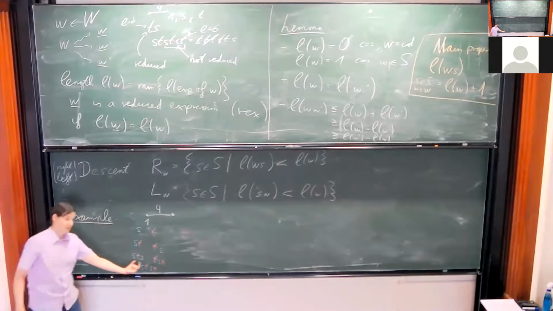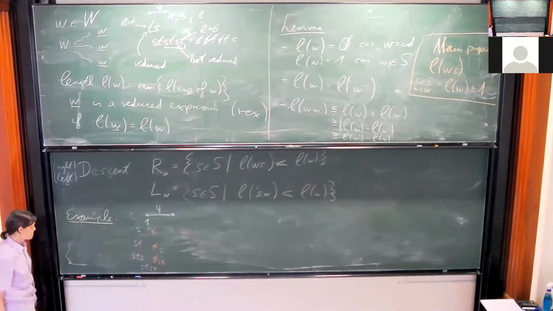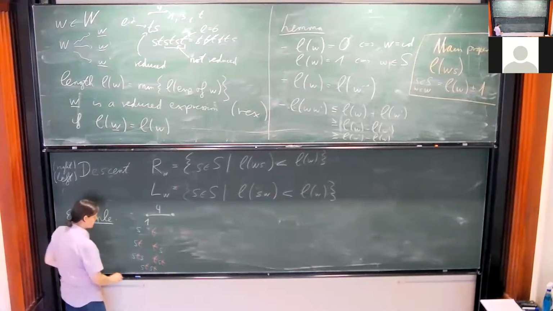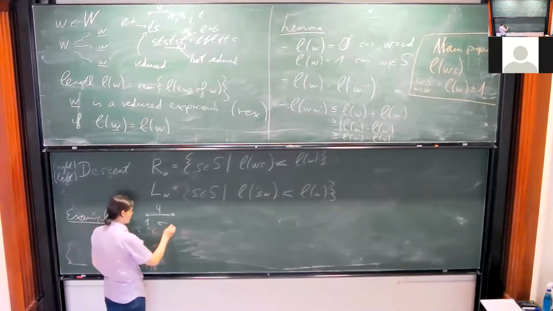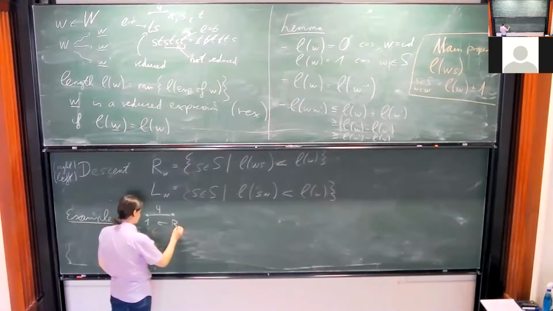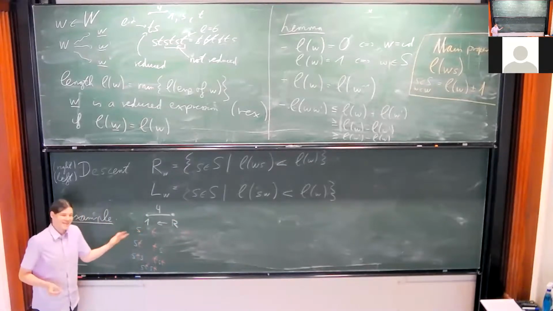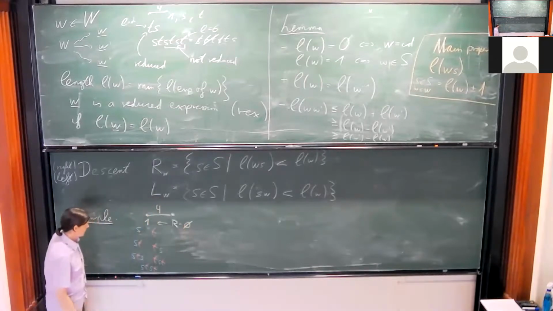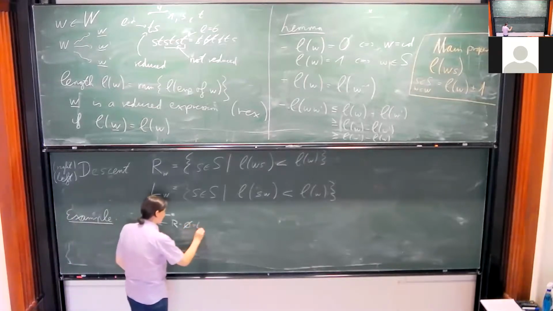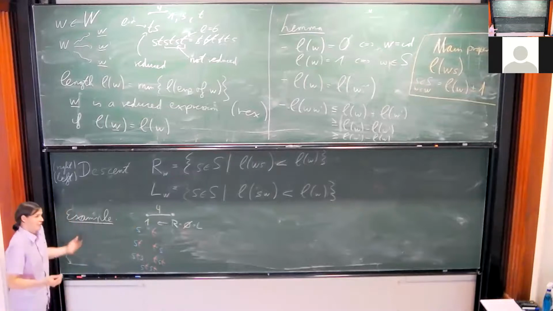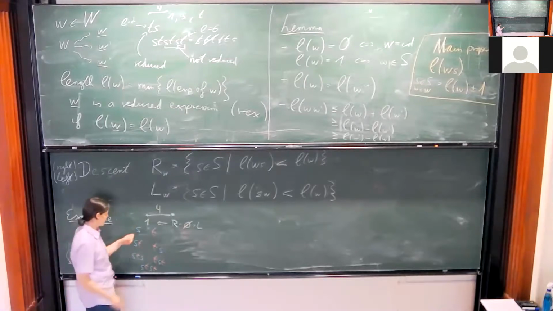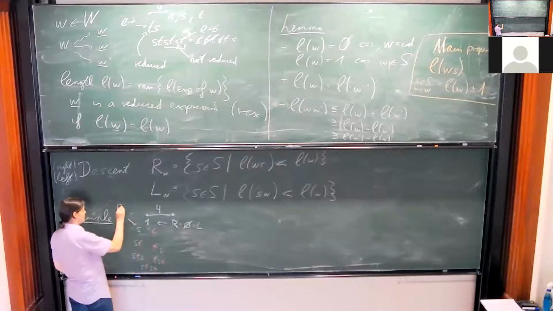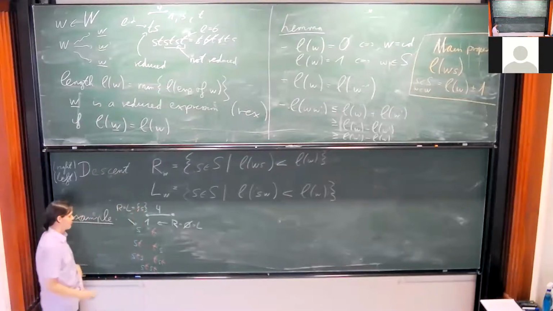And you will see the following. The right descent of the unit is empty, because it can't get any shorter. The left descent is the same. This one, for instance, gets shorter if you multiply it by S, but not if you multiply it by T. If you multiply it by T, you go here.